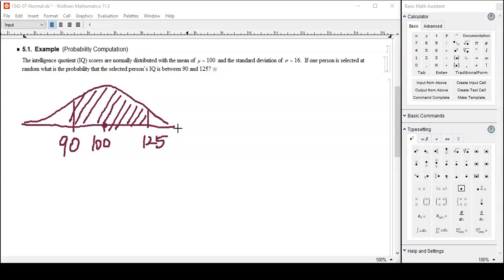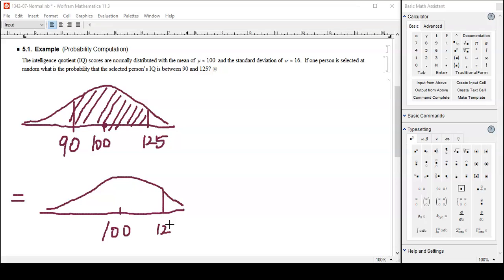And then, how do we actually get it? Well, one strategy is to do this. And this is 125. And then find out everything to the left. And subtract this probability.